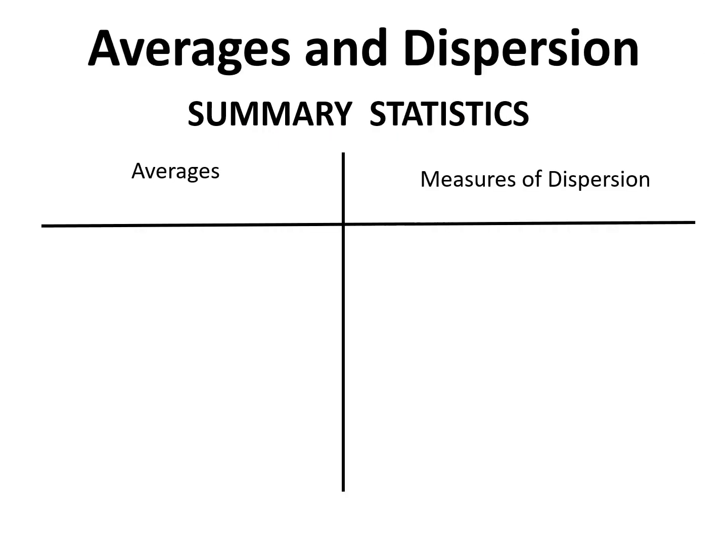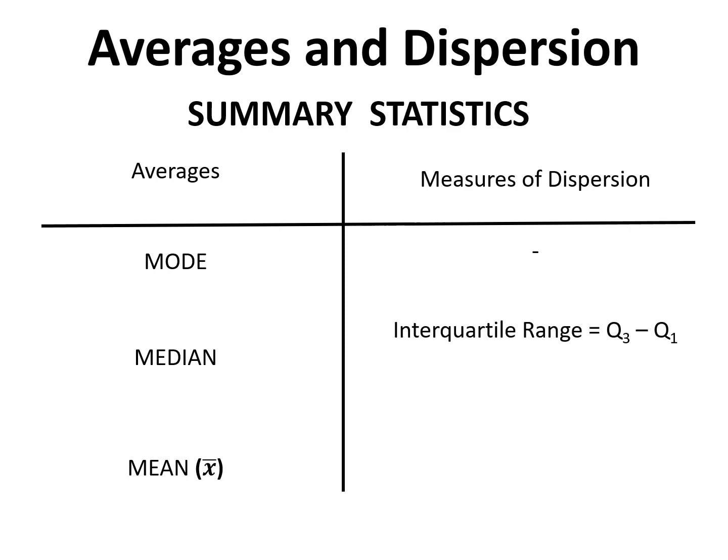So, to summarise, we now have 3 different averages, the mode, the median and the mean, and now we have another abbreviation for the mean, not mu this time, but x bar. And for our measures of dispersion, for the mode we don't really have one. For the median, we generally use the interquartile range, and sometimes the range, especially when we're drawing box plots.